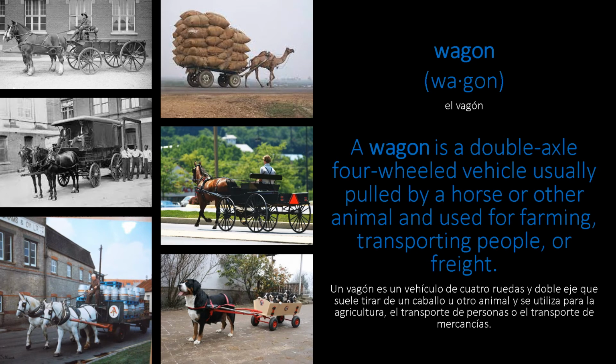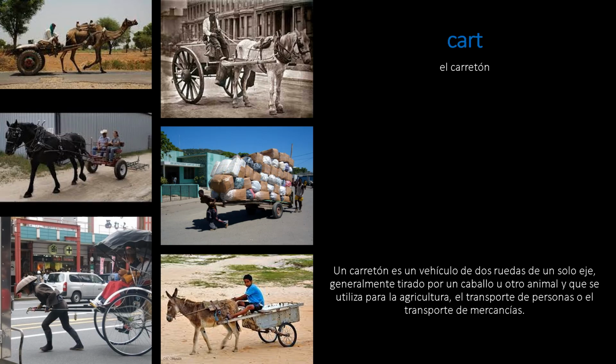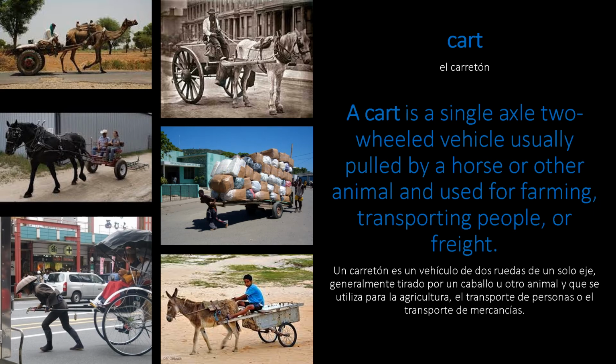A wagon is a double-axle four-wheeled vehicle, usually pulled by a horse or other animal, and used for farming, transporting people, or freight. Cart. A cart is a single-axle, two-wheeled vehicle, usually pulled by a horse or other animal, and used for farming, transporting people, or freight.